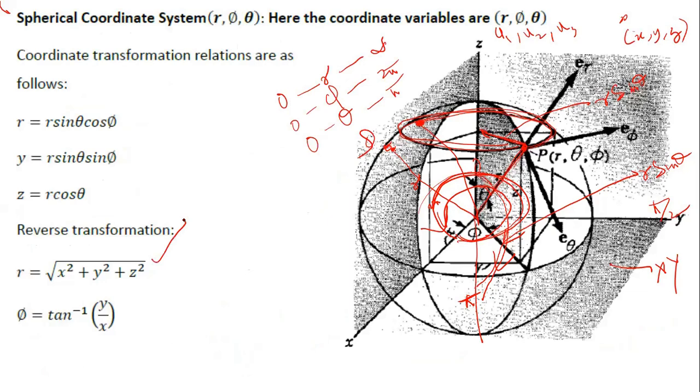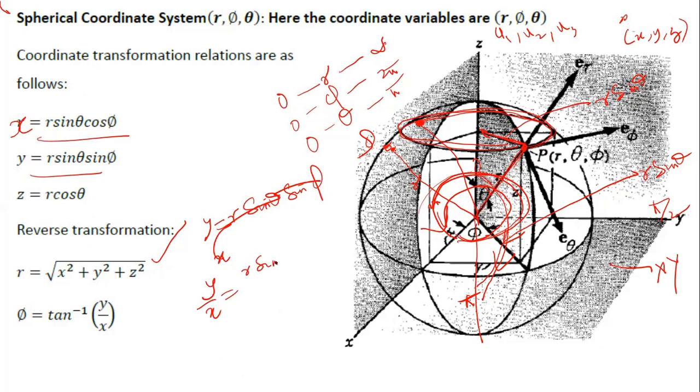And here, as I was saying, y is r sine theta sine phi, and x is r sine theta cos phi. Over here I have already written this, sorry, there's a typing mistake. So x is this, y is this. Then if you take the ratio of y upon x, it will be r sine theta sine phi upon r sine theta cos phi.